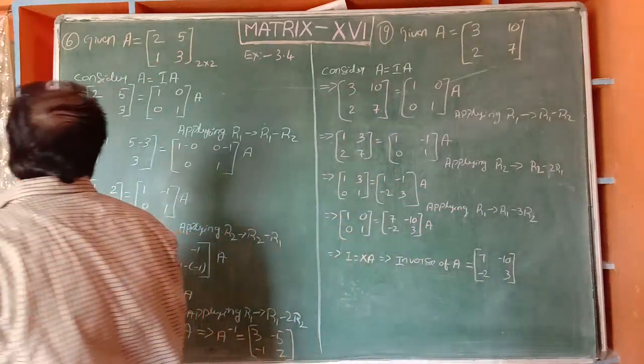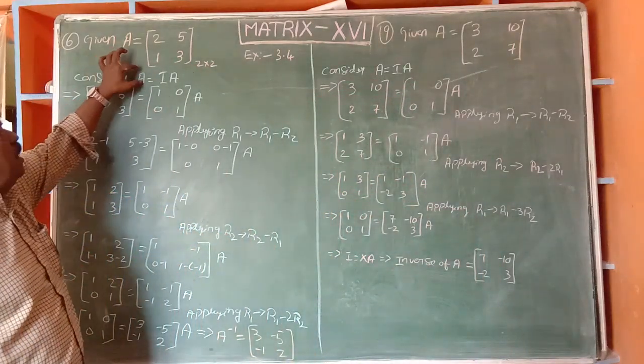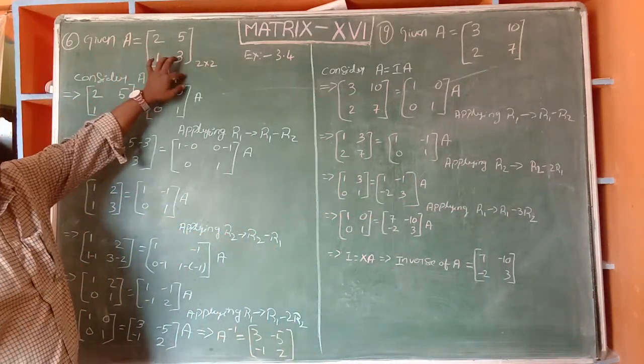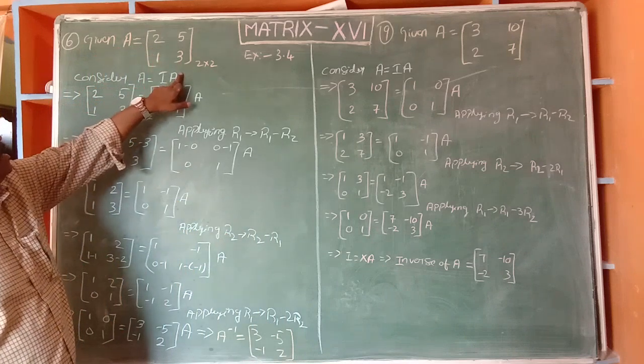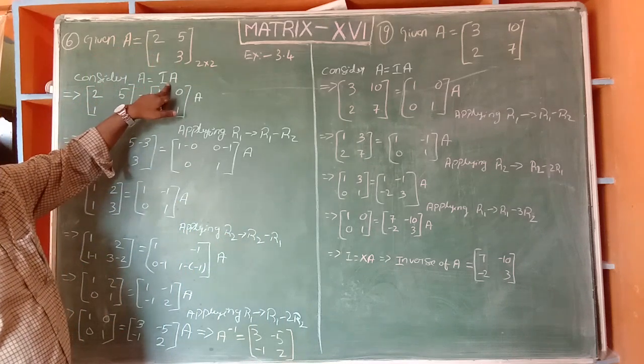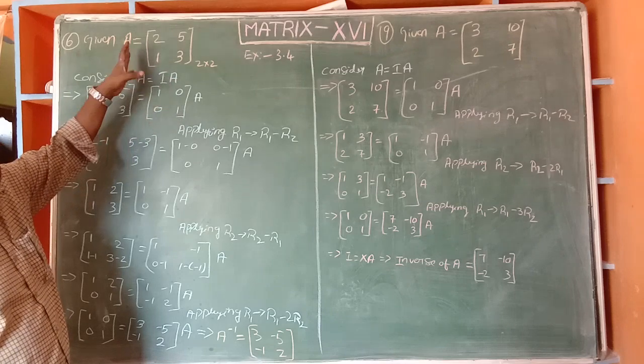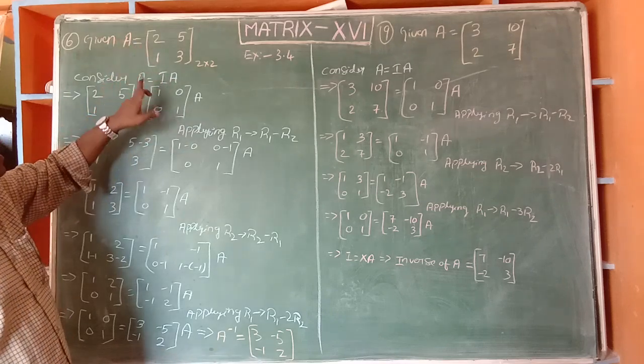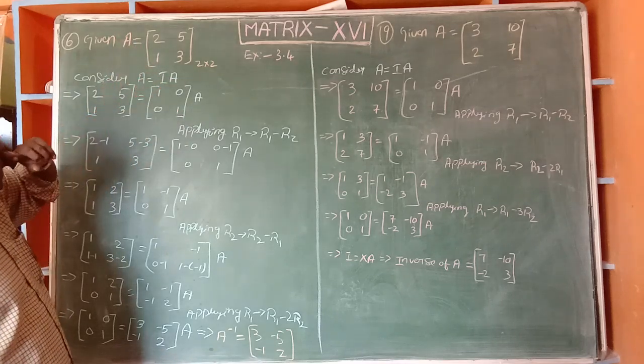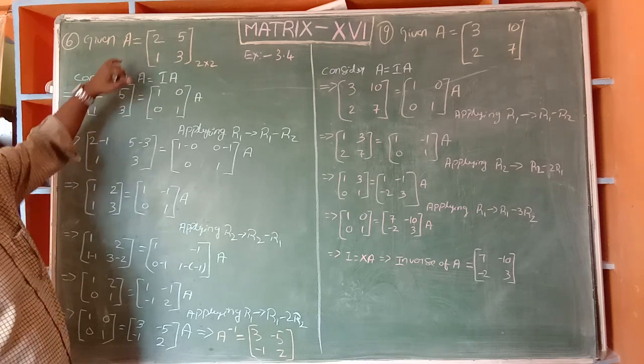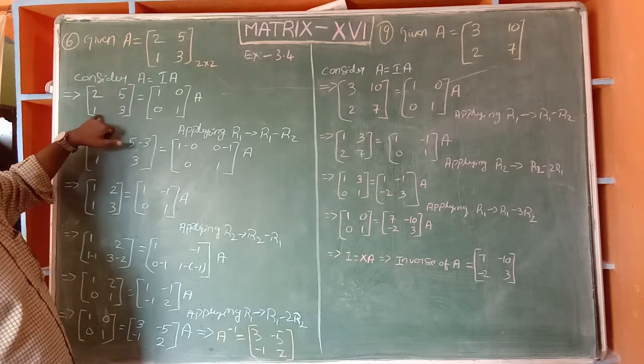You see, we know that A is equal to I into A. The multiplication of any matrix with I, the identity matrix, is as it is, no change at all. A is equal to I into A. Here A is the given matrix 2, 5, 1, 3.